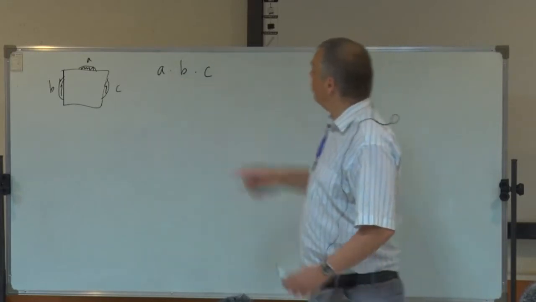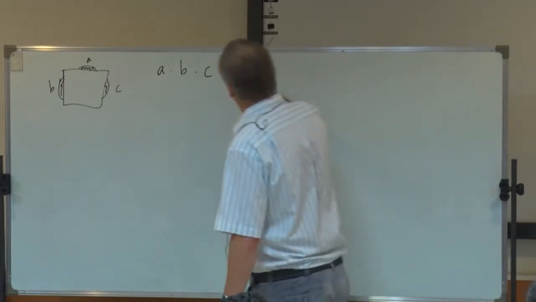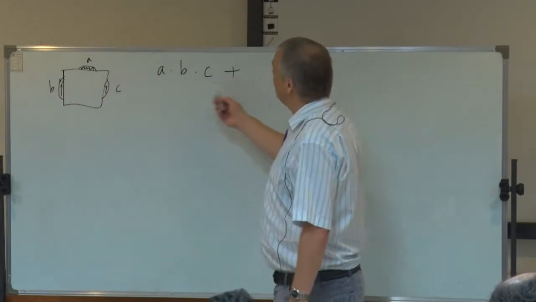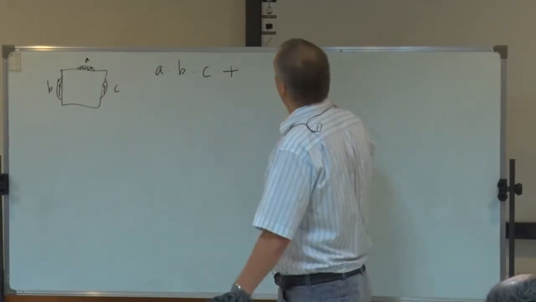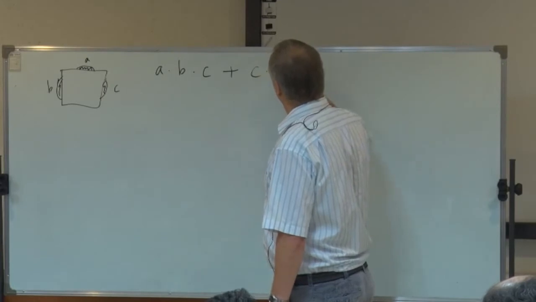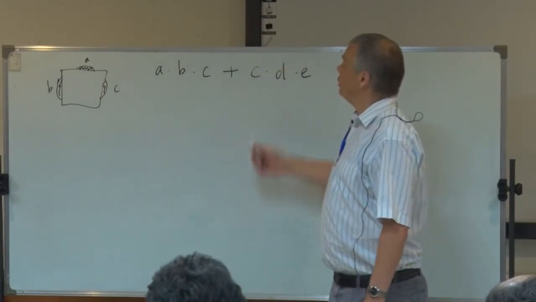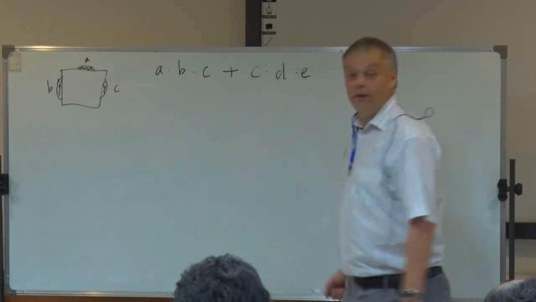This is sequential composition. We can also write with a plus a choice, and that says I'm either doing this behavior, or I'm, for instance, doing C followed by D followed by E. So this is the sequential composition, this is the choice, and it says I'm either doing that or that.